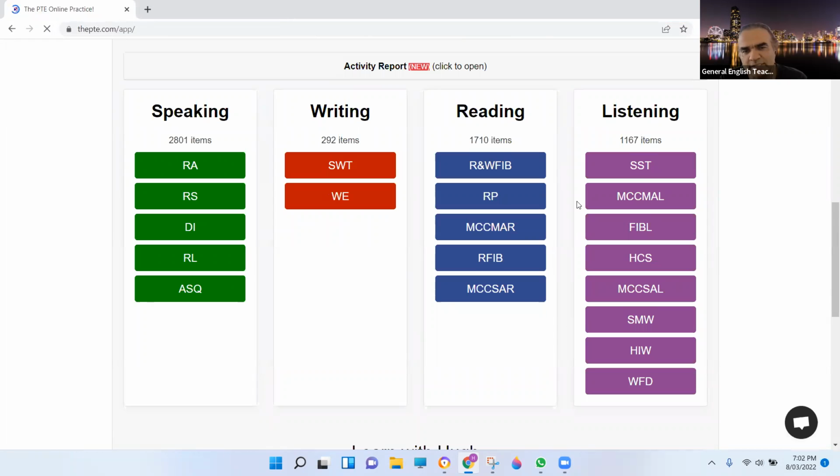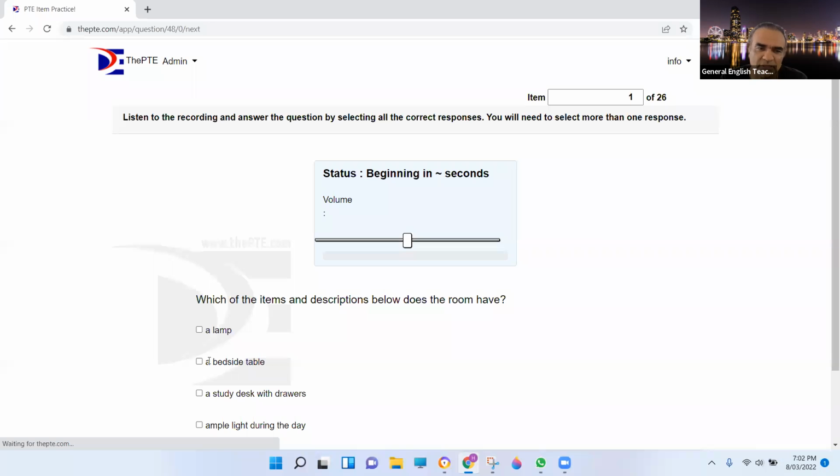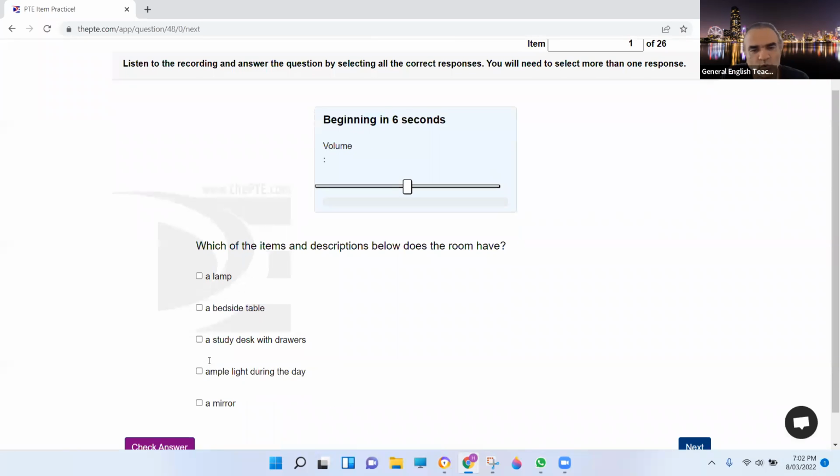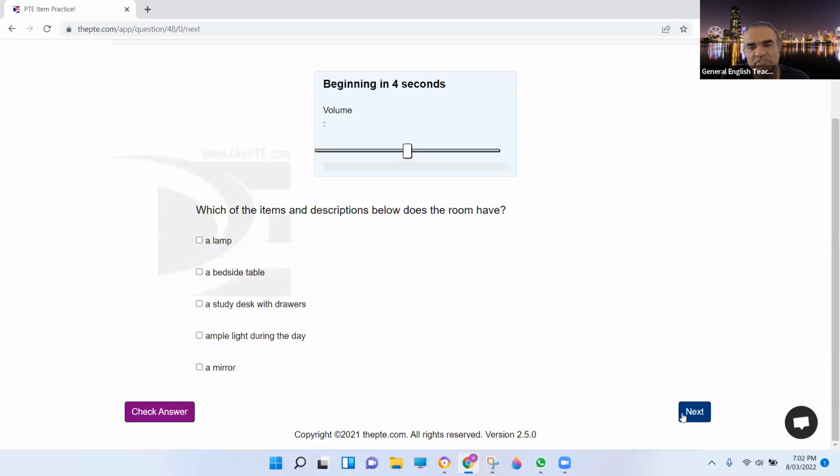I said that the actual listening starts with multiple choice, choose multiple answers. We do not answer these questions because they are square questions. In the square questions, we do not touch. You listen to it, and once it is finished, you press next. You never touch them. Do not come up with an answer.